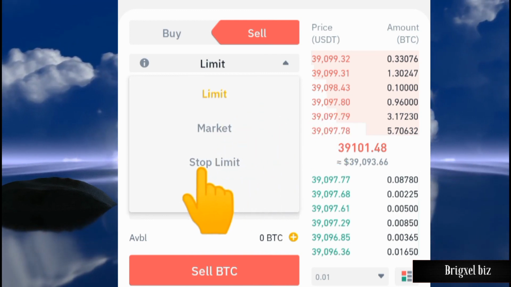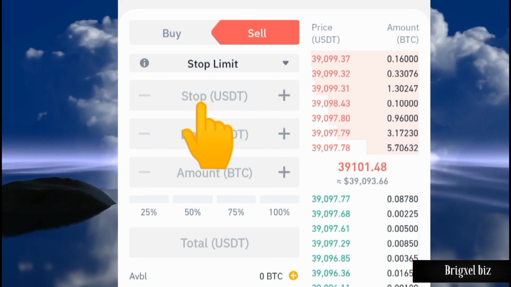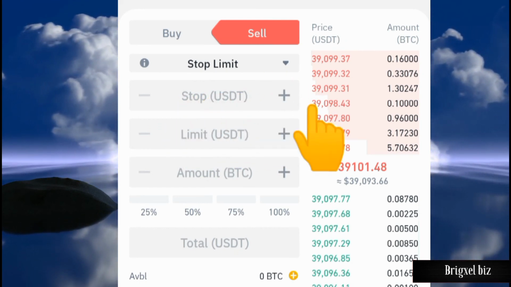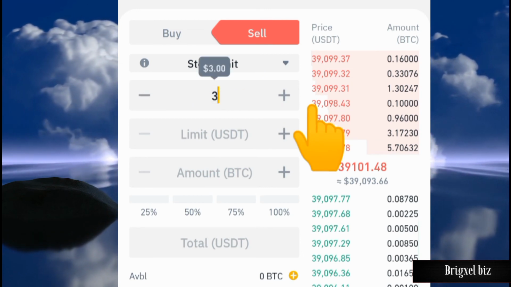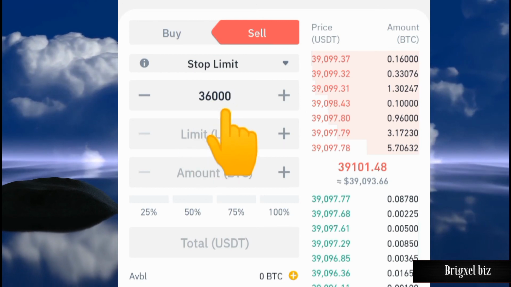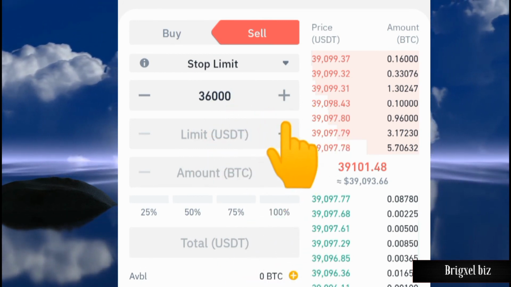Basically what you're going to do is put the stop loss. In this case, you're saying that if the price of Bitcoin drops to $36,000, the system should sell. What does this mean? You're basically saying that you want to sell at $40,000, so I'm going to put $40,000 here.